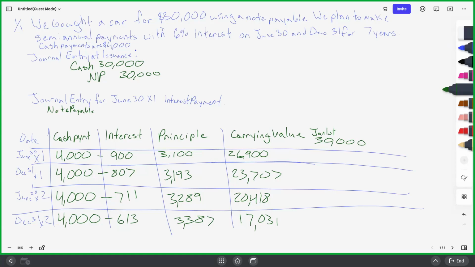For the journal entry for June 30th, X1, so this one. 3,100. All right. What next? Interest expense? Debit or credit? Debit. Perfect.